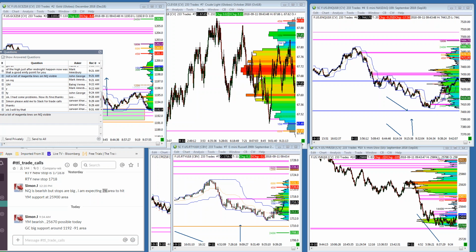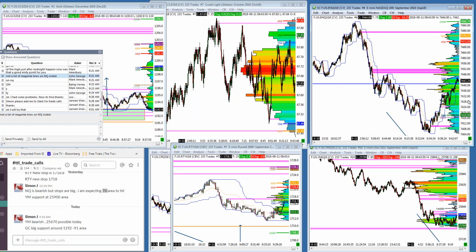You noticed before the opening, most of the attractions were higher, and the market just went towards them.